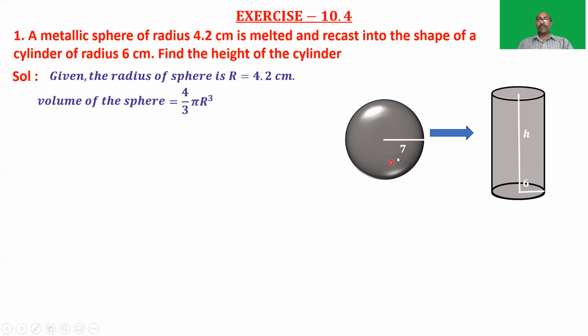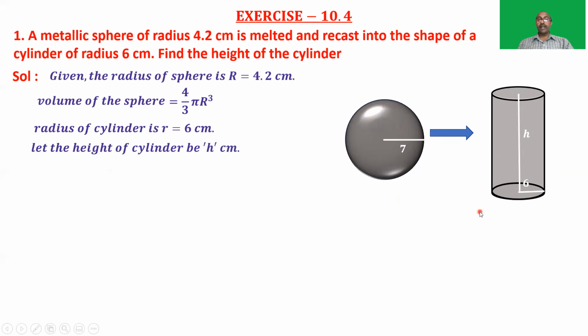As the sphere is melted and shaped into the form of a cylinder, the volume of the cylinder is equal to the volume of the sphere. So let us find the volume of the cylinder. The radius of the cylinder is given as 6 centimeter, and let h be the height of the cylinder.